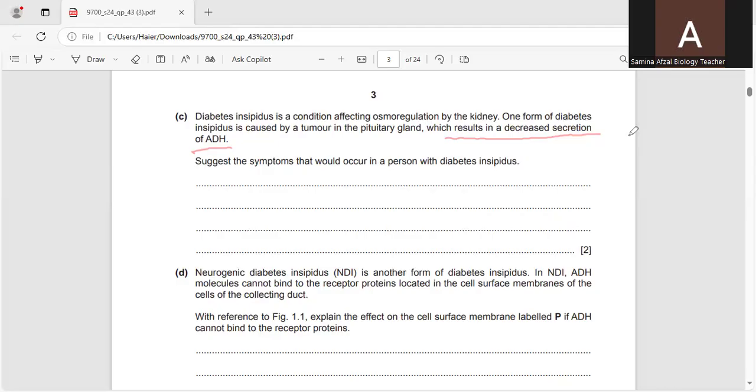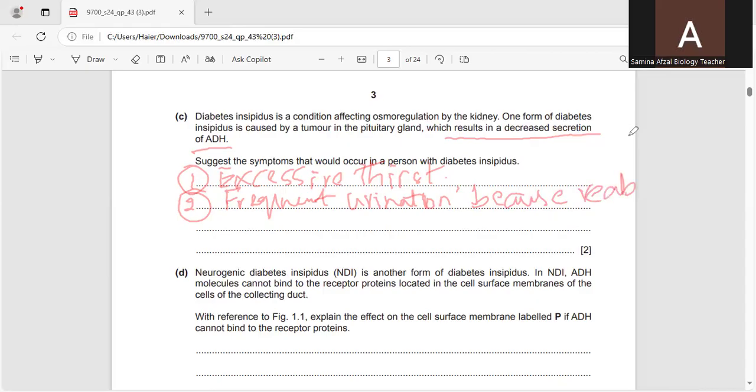So the different symptoms, first of all, excessive thirst is produced, and then secondly, the frequent urination, because reabsorption is not taking place.